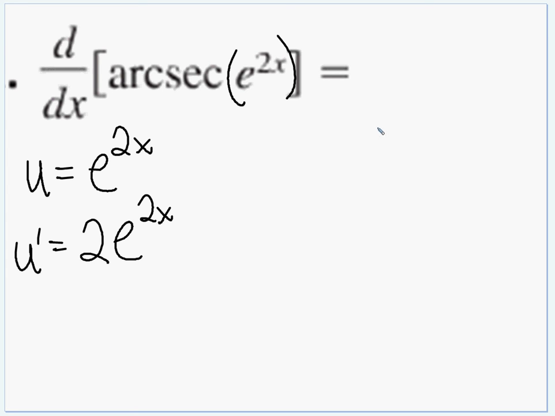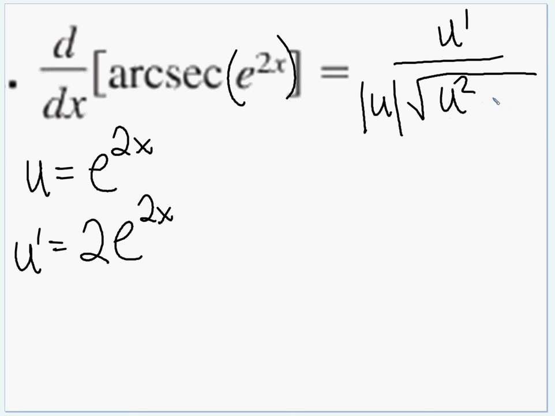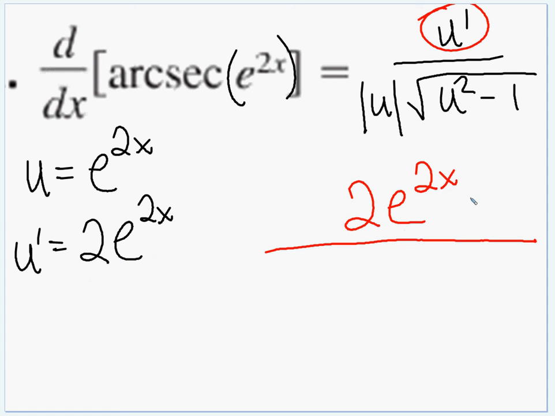Now this formula we have not used yet, that is u prime. Downstairs we have an absolute of u, and then radical u squared minus 1. Okay, let's do some plugging and chugging. U prime in the top, that's going to be 2e to the 2x.